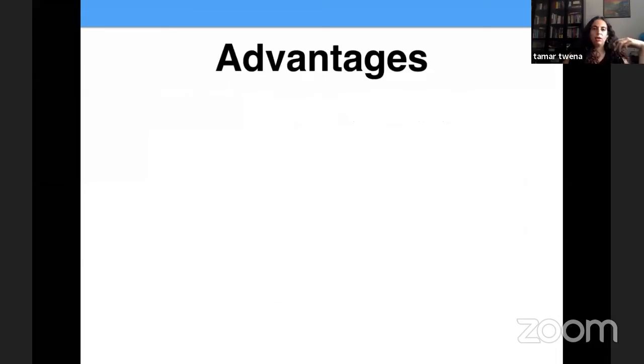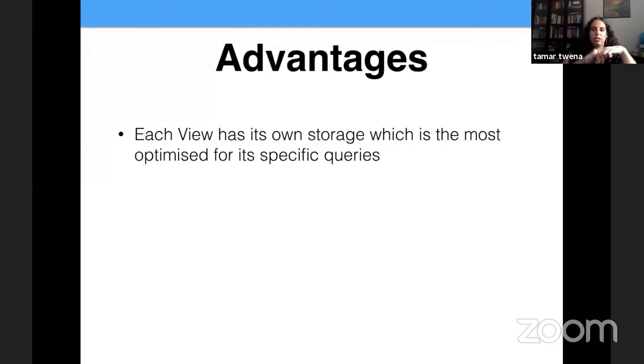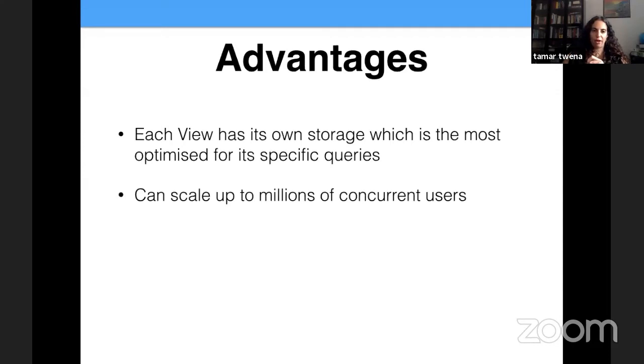Okay. What are the advantages of that method? First of all, each view has its own storage, so you can optimize exactly whatever you want to optimize for each view that you have.